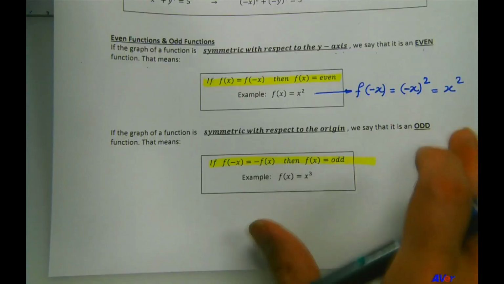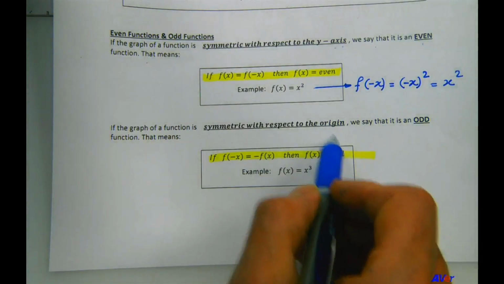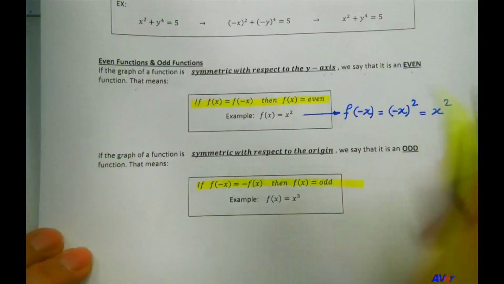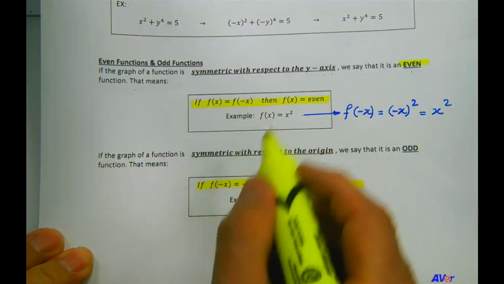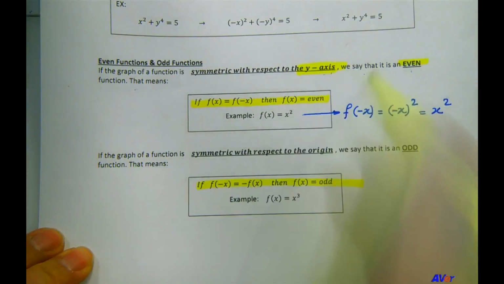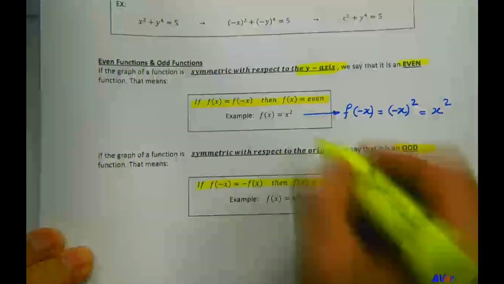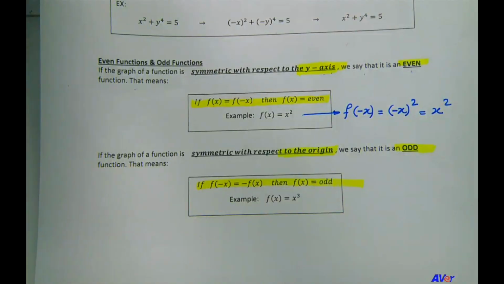Then, if the graph of a function is symmetric with respect to the origin, right? For even functions, the symmetric nature of the graph happens with respect to the y-axis. For odd functions, the symmetric nature of the graph happens with respect to the origin.